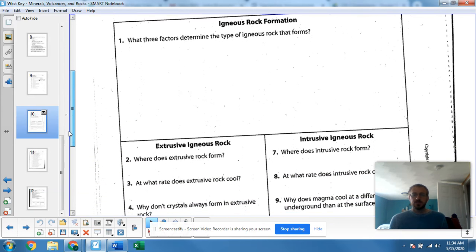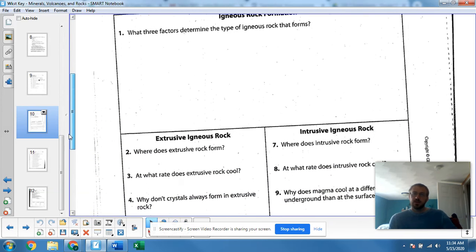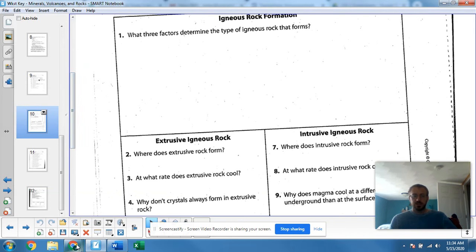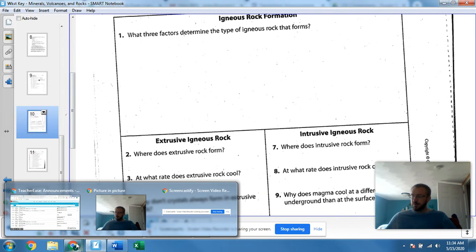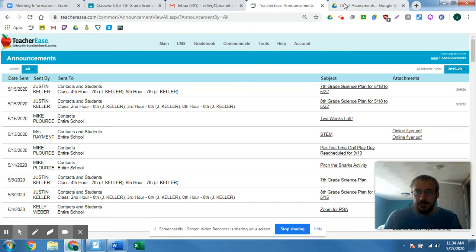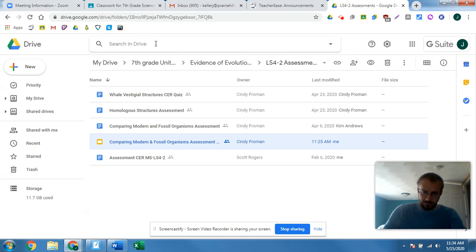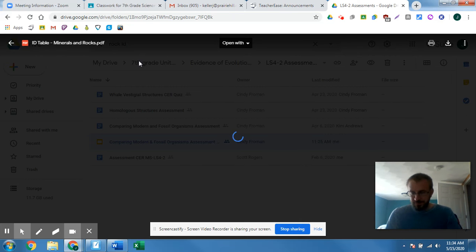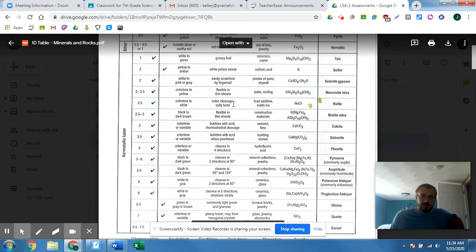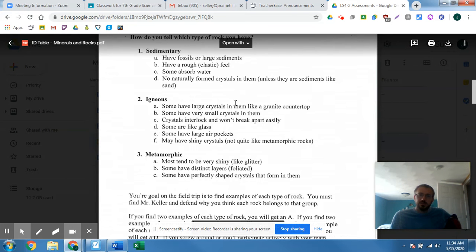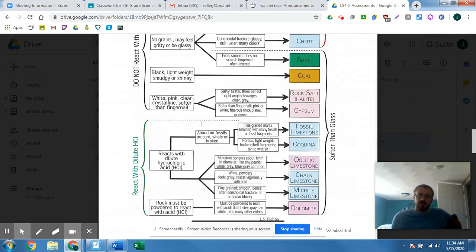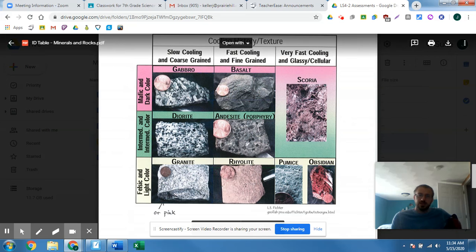Where you're going to get most of this information from is our notes or the rock ID chart, and if I pull that up actually, okay, so obviously not using the minerals, but some of this information you can get, like for the sedimentary page, which is page 10.